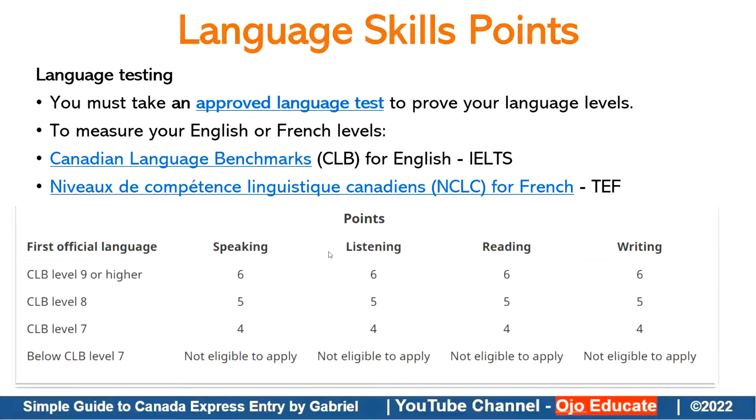Usually the English and French tests are in 4 modules: speaking, listening, reading, and writing. When you have below CLB 7, you are not eligible to apply. So that is the language point.